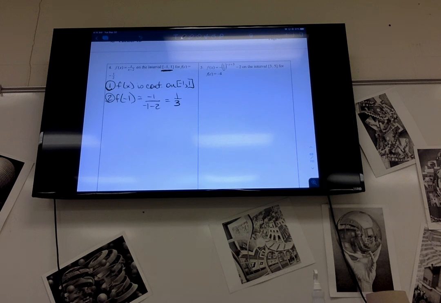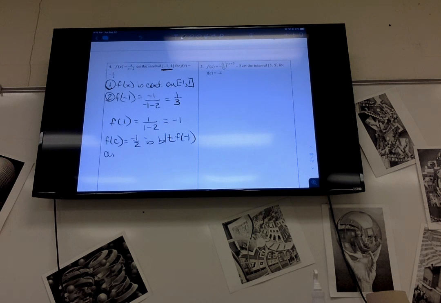So that's 1/3, yes. And f of 1 is -1/2. No, between those two. Yes, it is. f of c equals -1/2 is between f of -1 and f of 1.